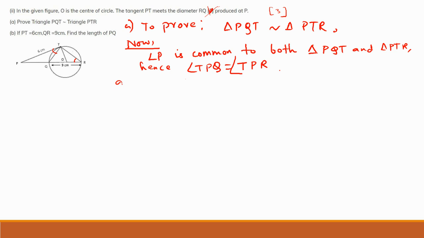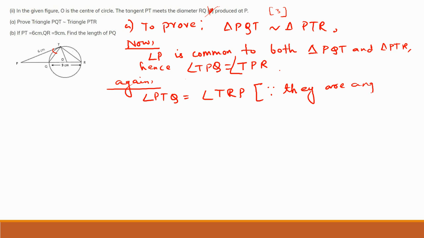Again, angle PTQ equals angle TRP, since they are angles in alternate segment, right?